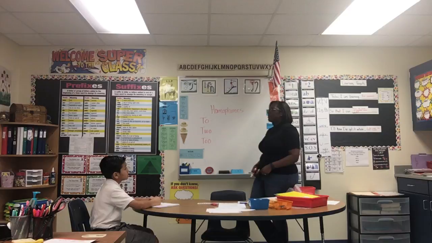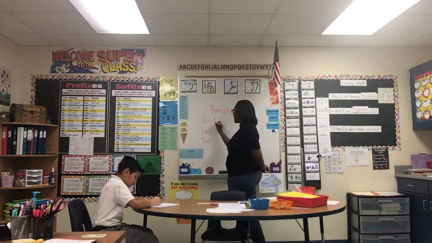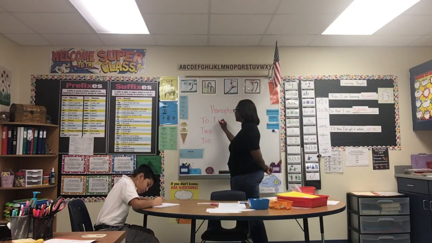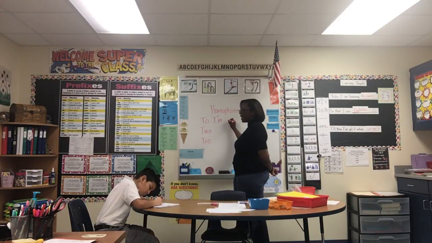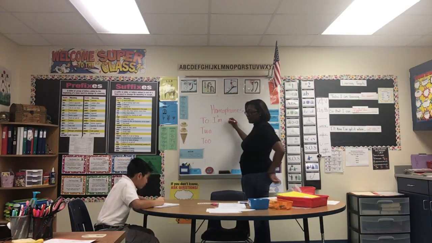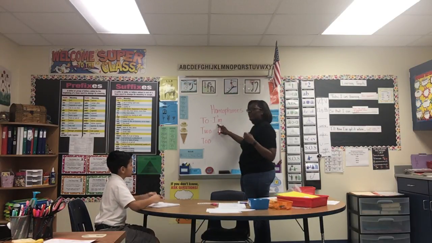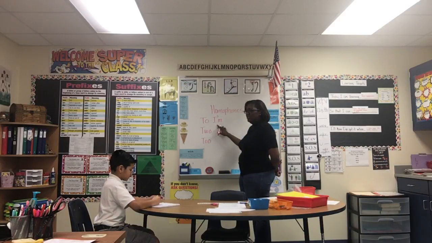So I'm going to make a sentence up and we're going to write it. I'm going to school. I'm, capital I. Going. Look what Miss Lauren's doing. Do we say I going to school?